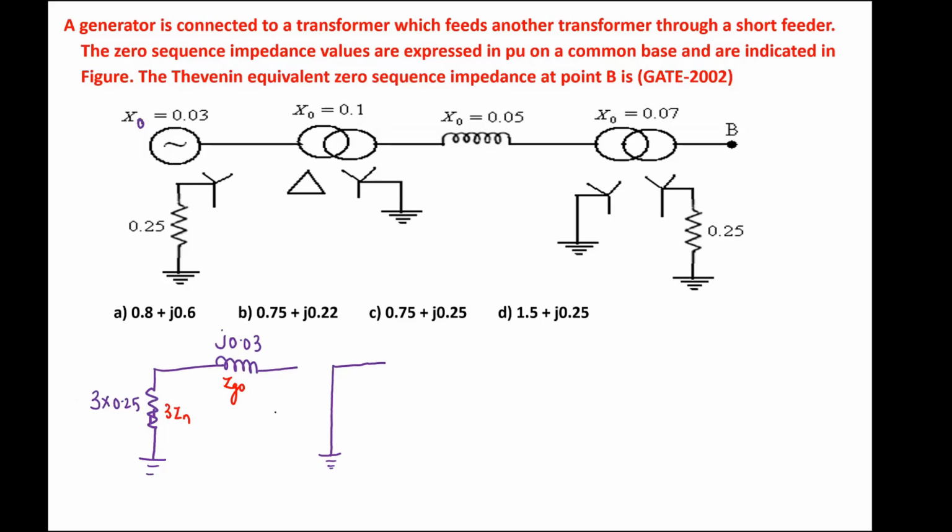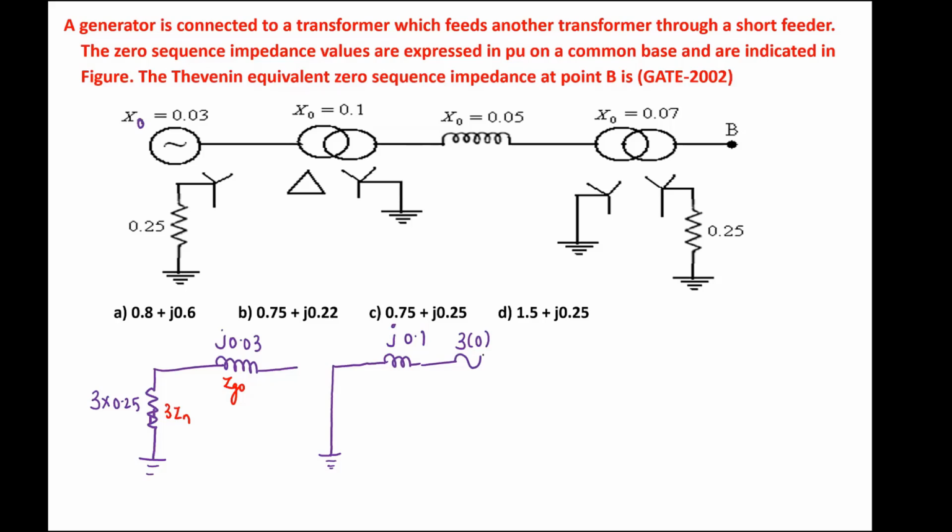Again, the equivalent reactance of the transformer is given as j0.1. Now, how is the secondary side connected? The secondary side is star connected and solidly grounded. So I have to close the series switch with 3 times the neutral grounding impedance, which is 0.